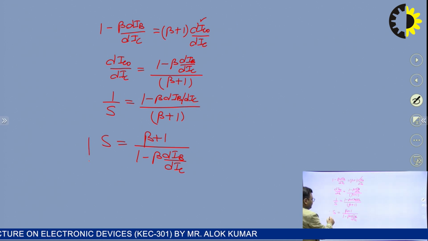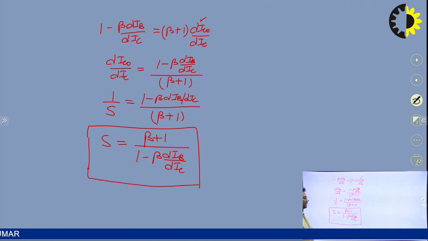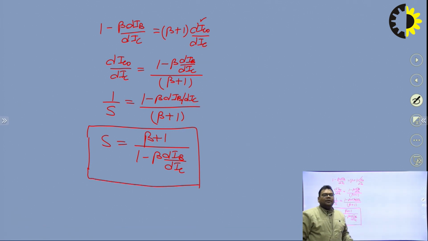So this is the general expression to calculate the stability factor, right? In any biasing method, when we perform the analysis, we will use this expression to calculate the stability factor of that circuit.